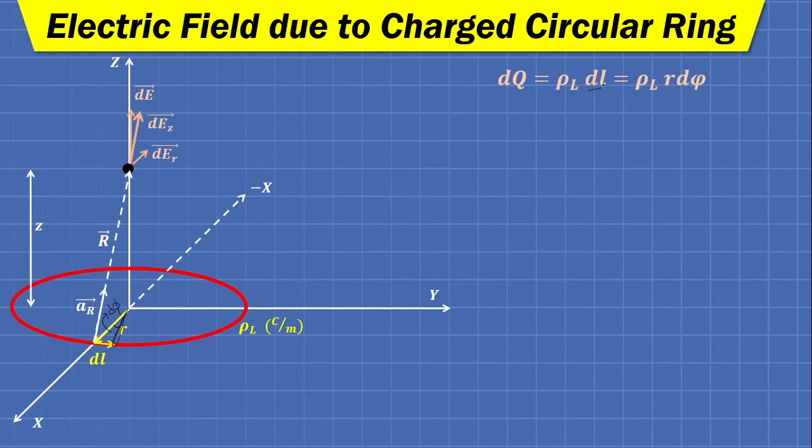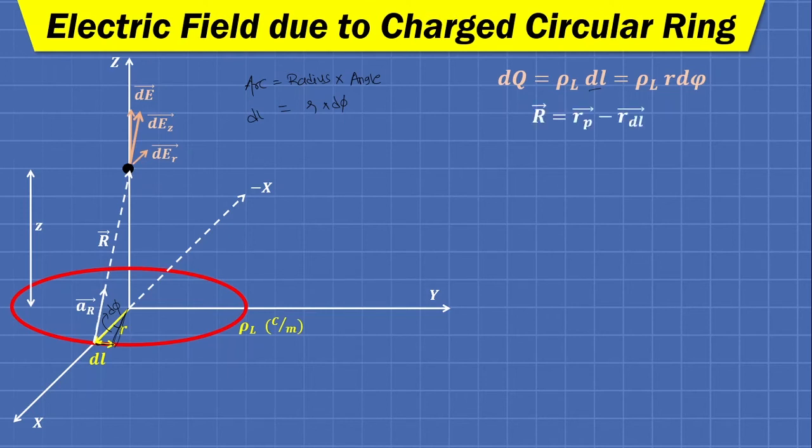So in place of dl, we need to keep this length, which is nothing but r into d phi. So the simple formula from trigonometry, arc equals radius into angle. So here the radius is small r and the angle is d phi. So dl is nothing but r into d phi.